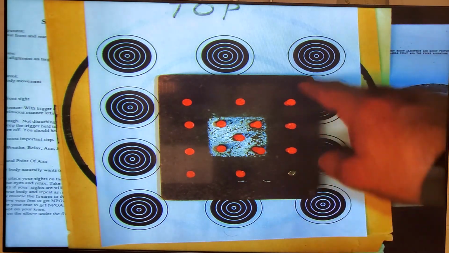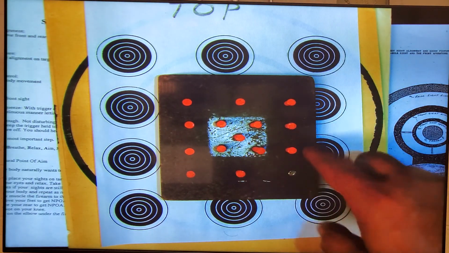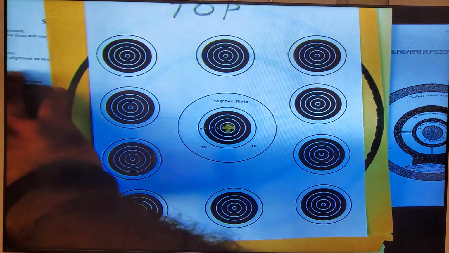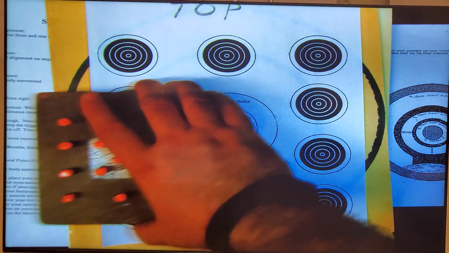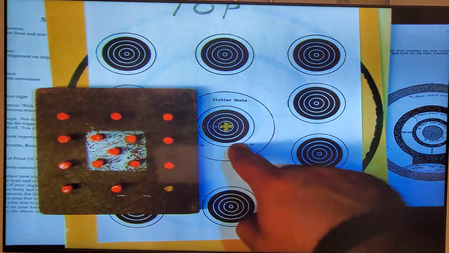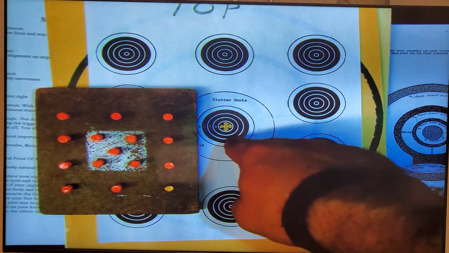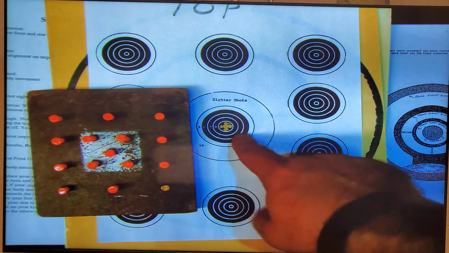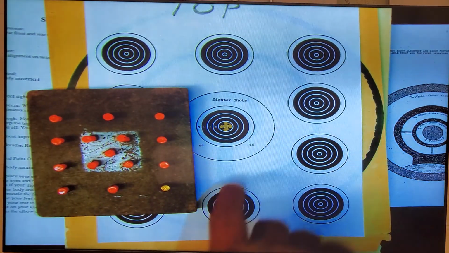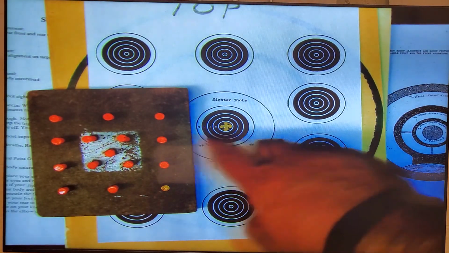The bullets, the targets, the holes on the board, they all coordinate here. 5 in the middle, 5 in the middle. The five bullets in the middle are your sighter shots to put in your zero bullseye, which is in the middle. So we're going to use these 5 shots to set our sights. That's called zeroing. We're going to zero with these shots.